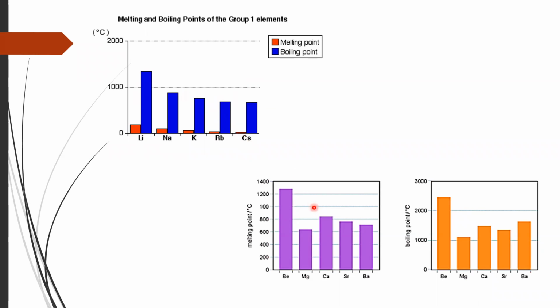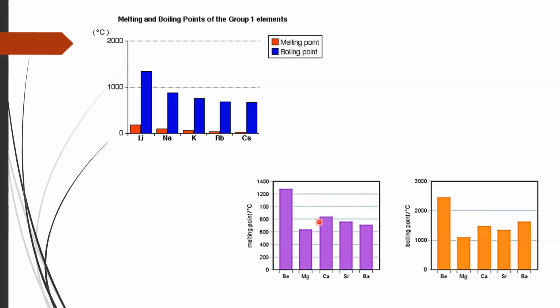Similarly, when we talk about the melting point and boiling point of group 2 elements, here you will see some variation, increasing and decreasing. Why is this so? This change is taking place because of the electronic configurations and stability.